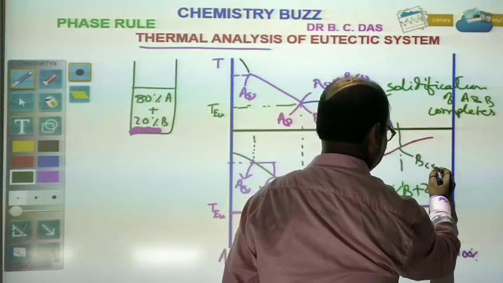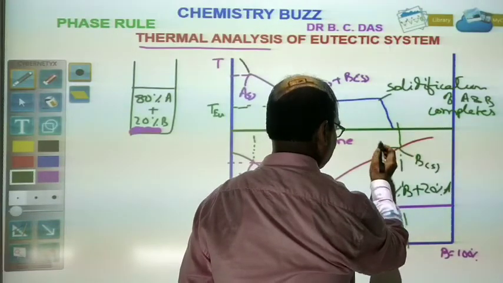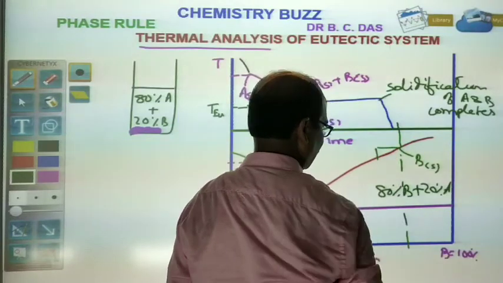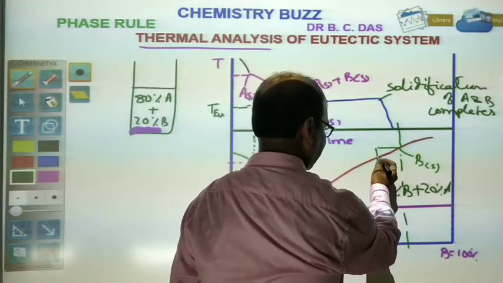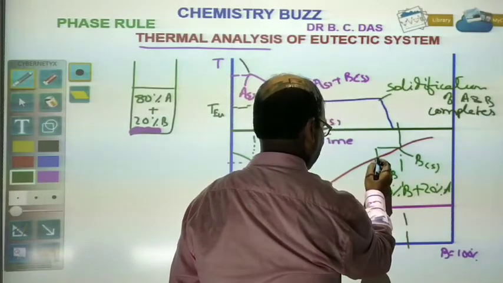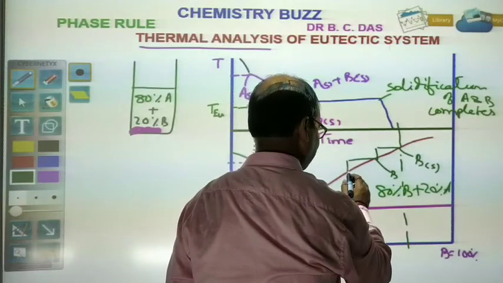Solid B starts separating, and the composition of the solution changes to this point. Further cooling will result here. At this point the solidification of B will start, and the composition will change.